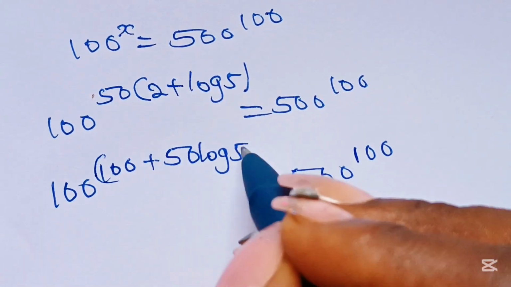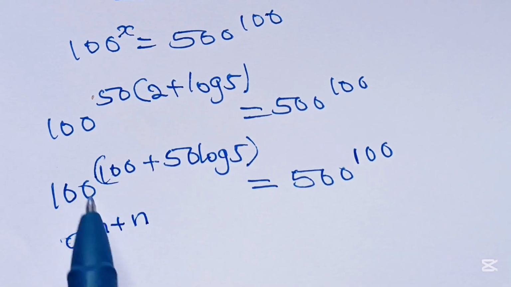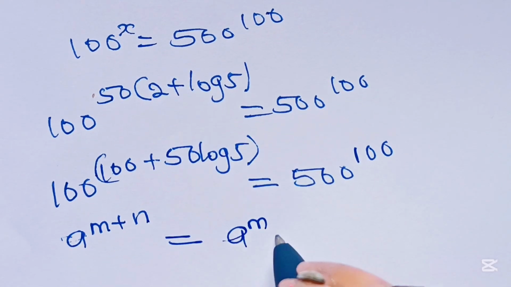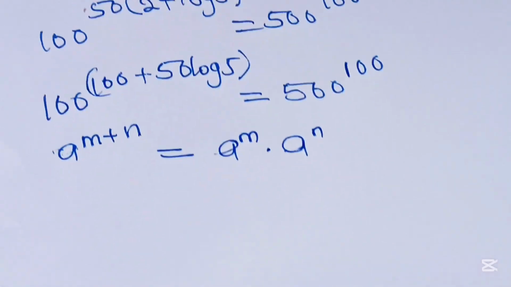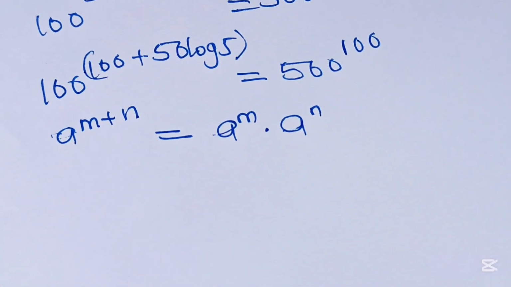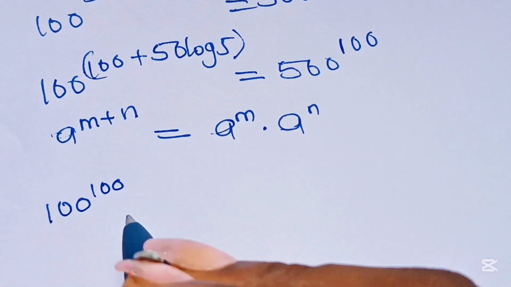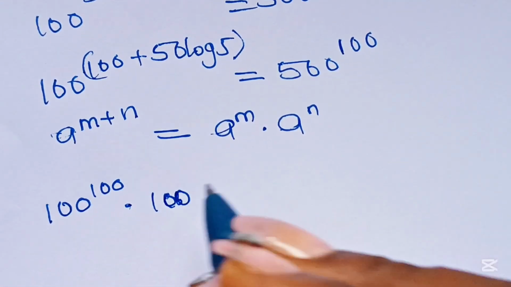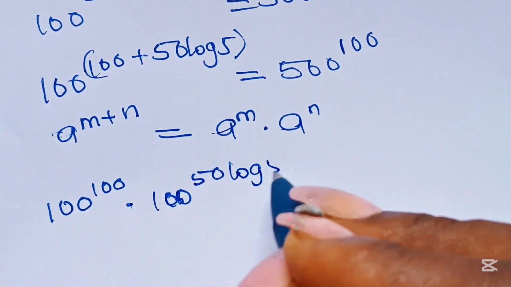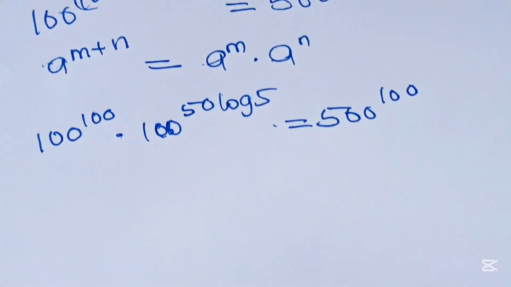Now recall that when you have a raised to the power of m plus n, just like what we have here, you can write this as a to the power of m multiplied by a to the power of n. This is a law of exponents, okay? Now, that means we can write this as 100 to the power of 100 multiplied by 100 to the power of 50 log 5 is equal to 500 to the power of 100.